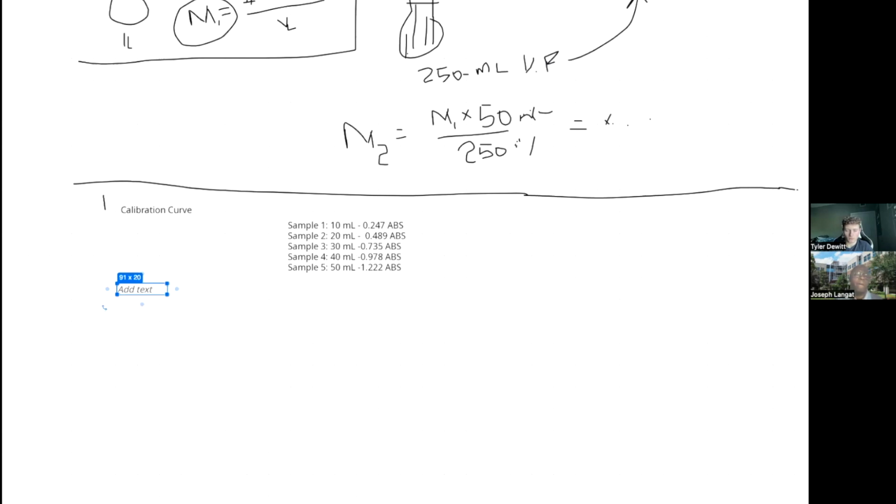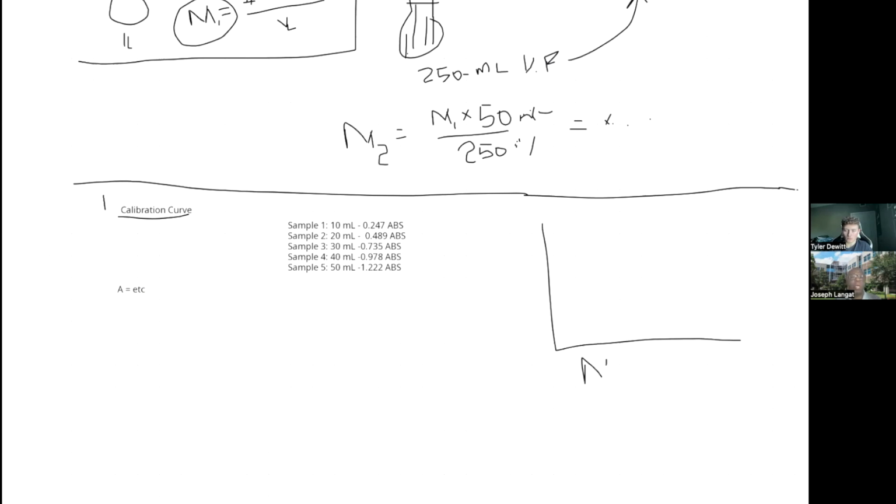Now, from these absorbance values, we need to plot a curve, a calibration curve. You'll have to have the concentration of your solution in the 100 mL volumetric flask.